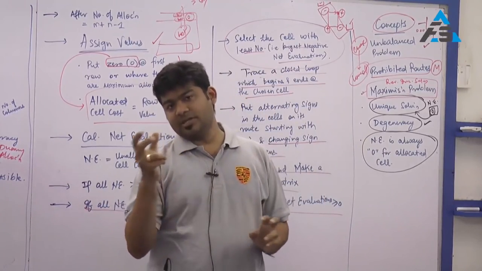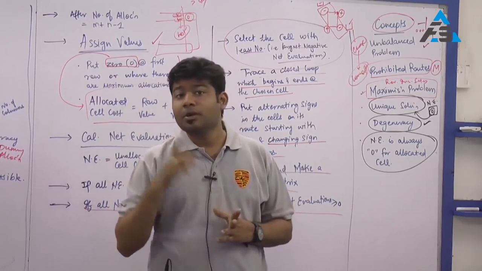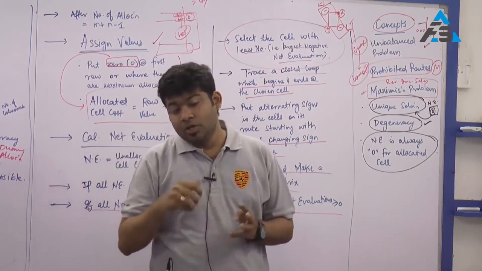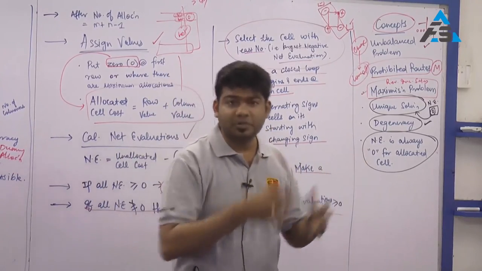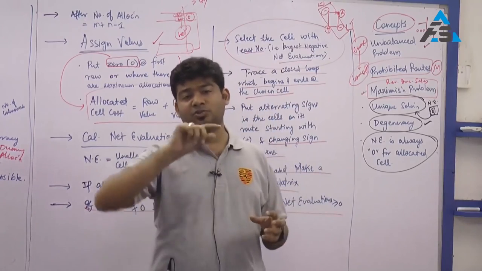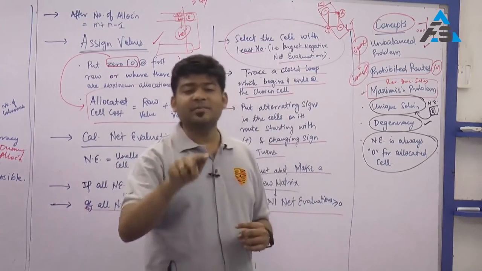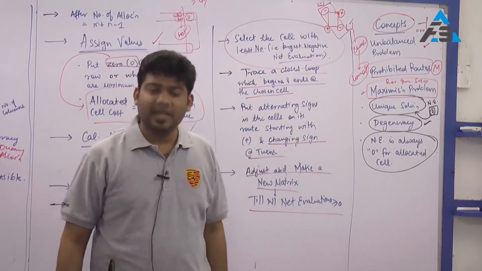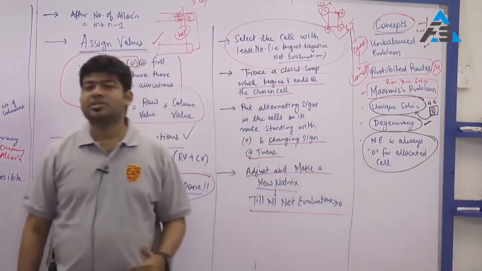So there will be certain dependent cells where there is allocation and you will see net evaluation is 0. But for certain cells where the net evaluation is not 0, you may be asked when this particular route may be used. In that case, you will tell them that when the net evaluation of that independent cell becomes 0, we will be able to use that cell as well. So that can also be asked as a concept question.